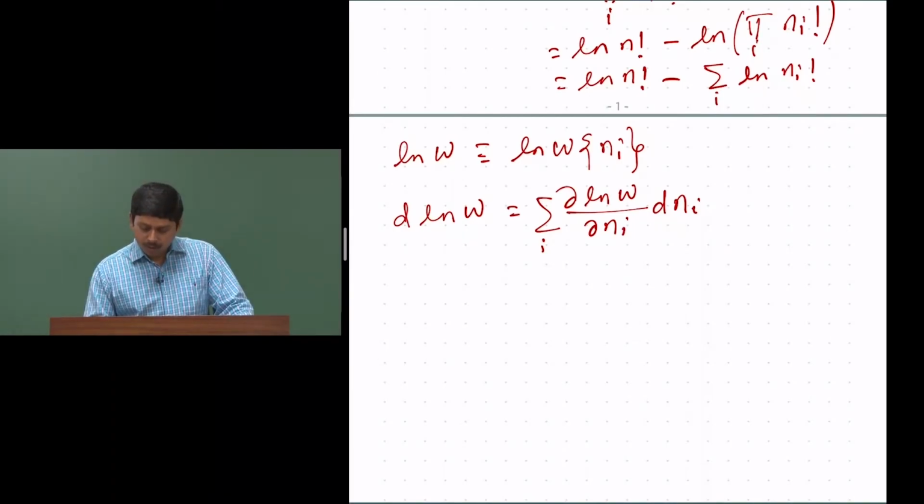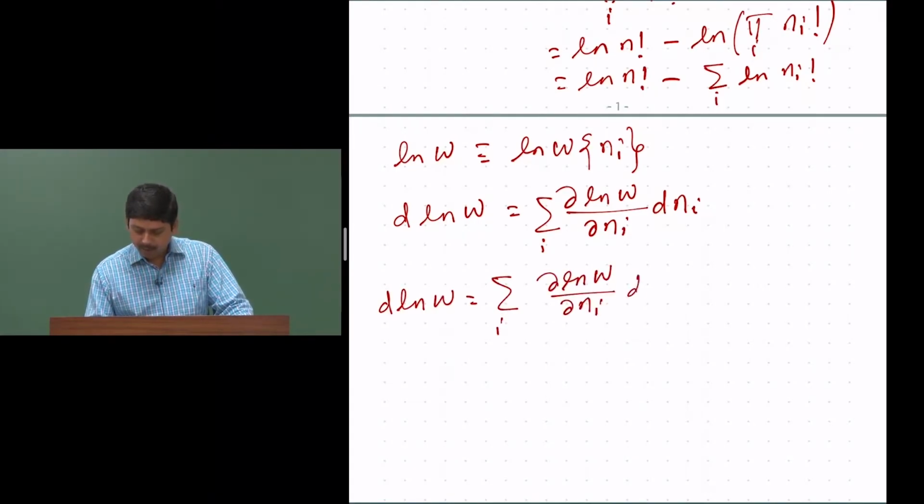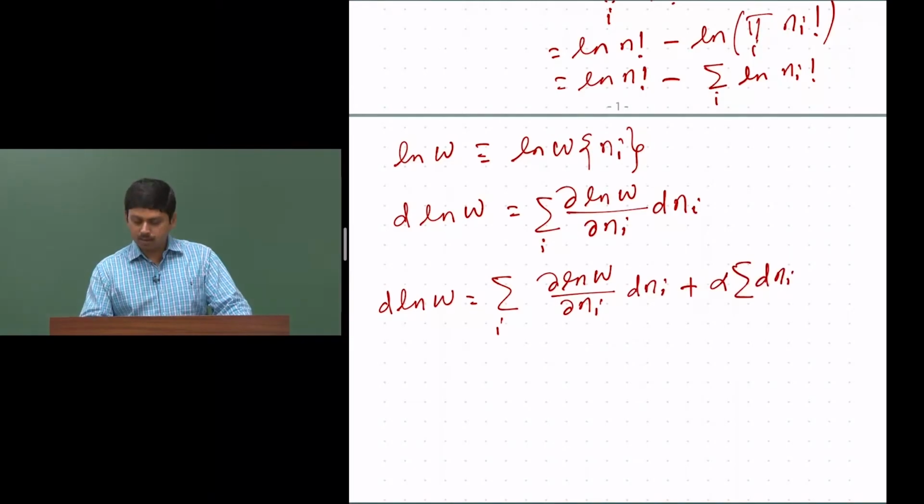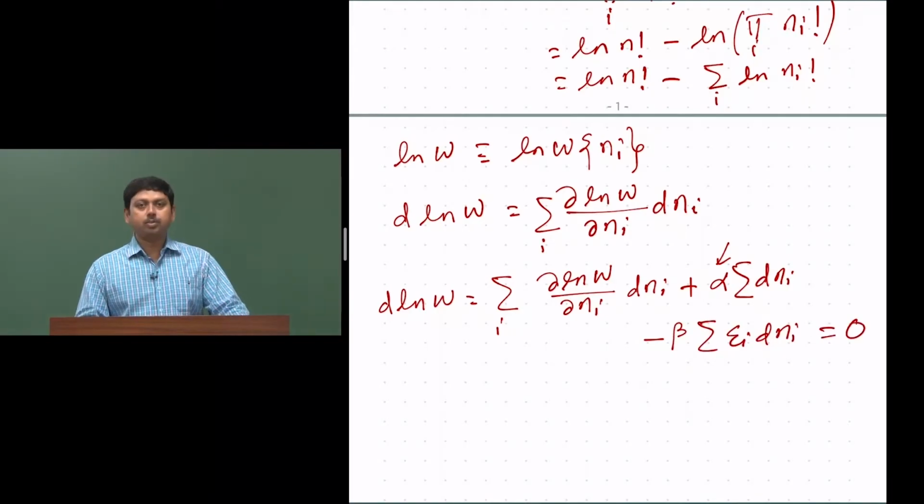So, now the quantity that needs to be maximized is d ln W, which is the sum over i of del ln W by del ni d ni, plus alpha d ni. Alpha is just one of the undetermined constants, and minus beta is another, where we satisfy the condition of total energy, and that needs to be equal to 0.